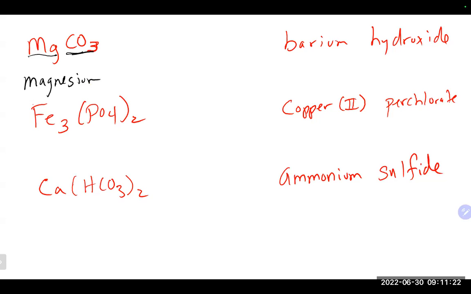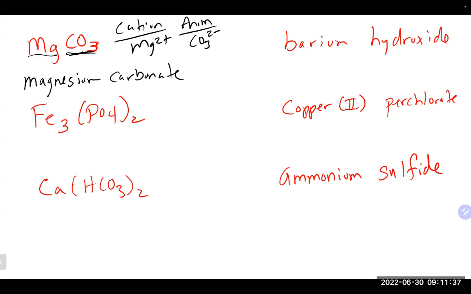And this is our polyatomic ion, carbonate. So we would call it magnesium carbonate. The cation here is magnesium with a +2 charge. The anion here is carbonate with a -2 charge. And that is why we just need one of each to make the formula correct. Question on that name?